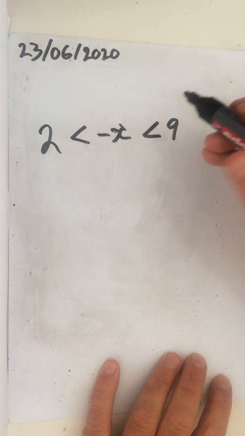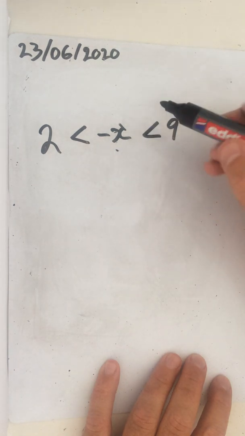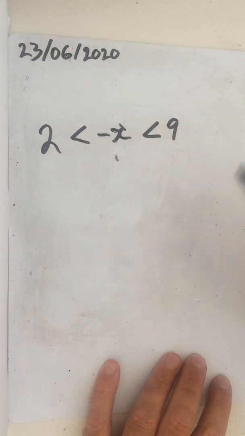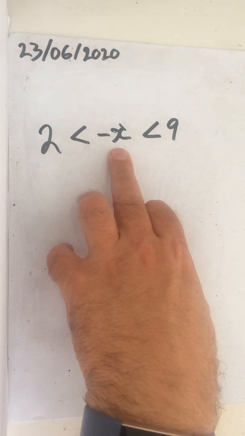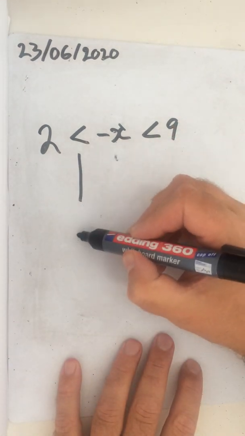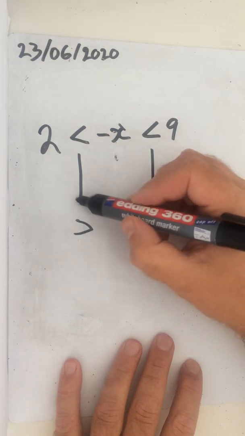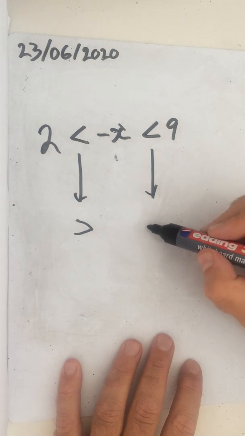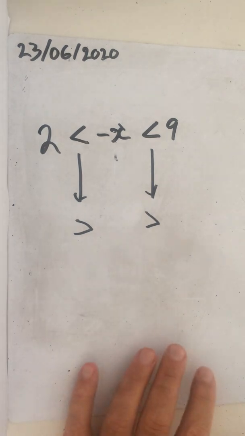Right, so let's have a look. Straight away I know that because this is a negative, in fact we didn't go over the ones with 2, because this is a negative, these signs are going to change direction. That can be the first thing you do.